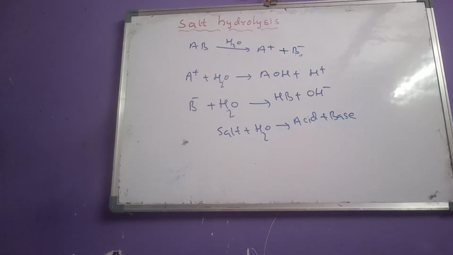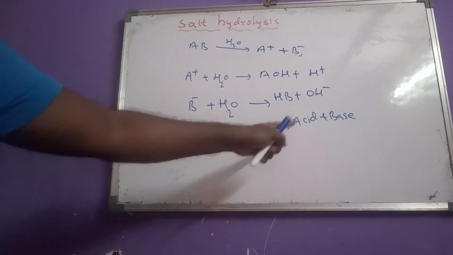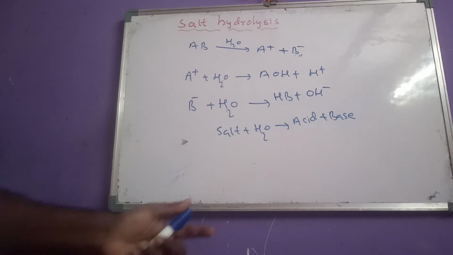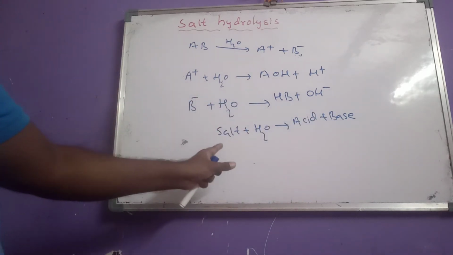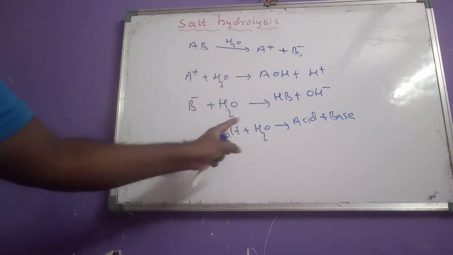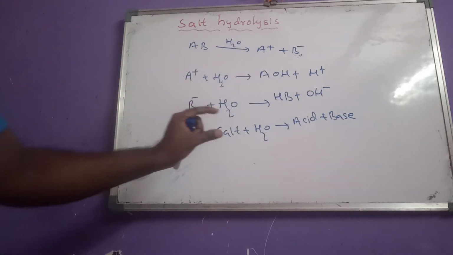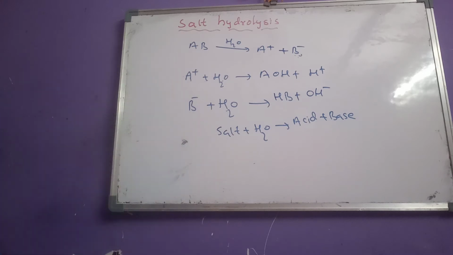So salt hydrolysis is the reverse process of neutralization, because in a neutralization reaction acid reacts with base to give salt and water. But in this process salt reacts with water to give acid and base. So this is the reverse process of neutralization.